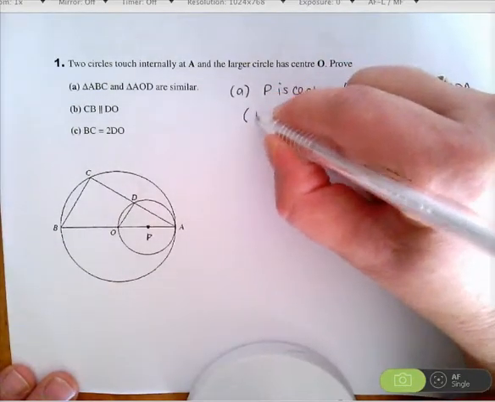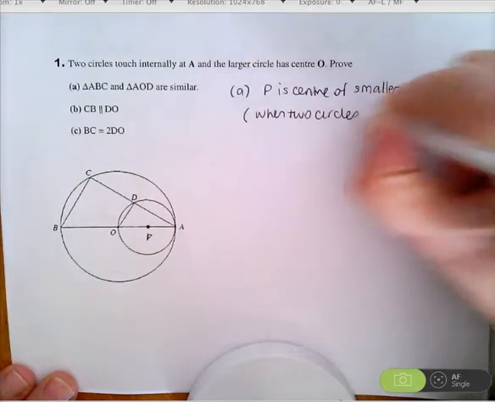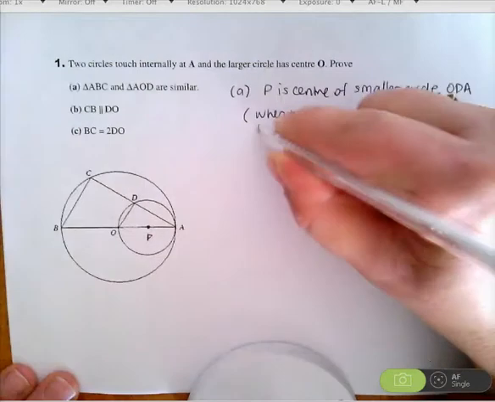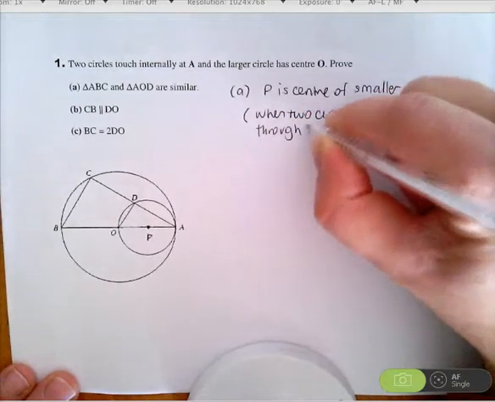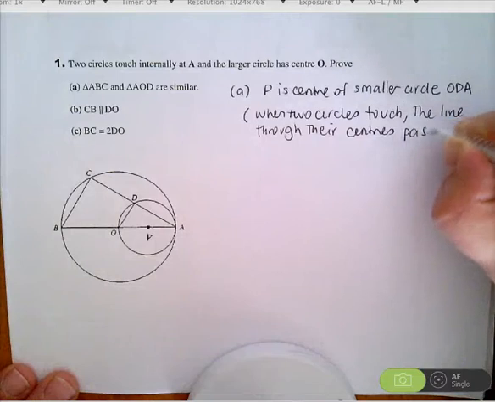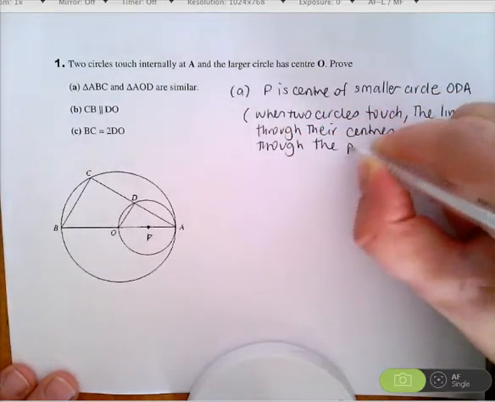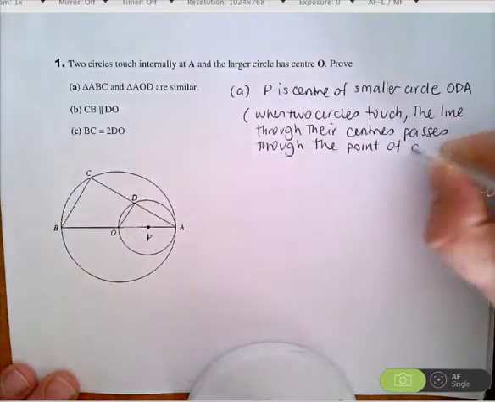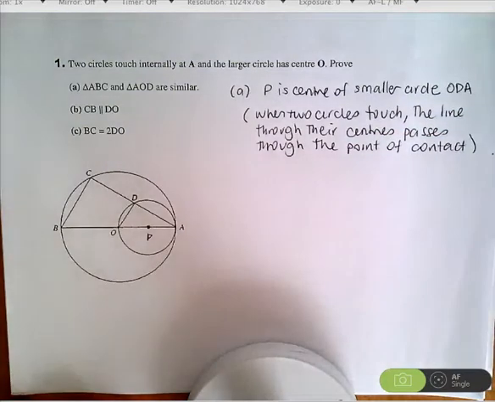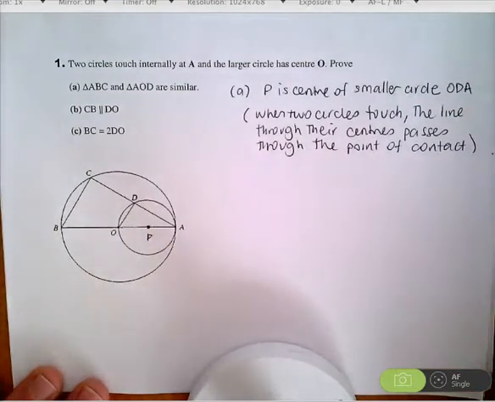Reason is because when two circles touch, the line through their centres passes through the point of contact. Now, obviously, to prove that these two triangles are similar, we're looking for equiangular.